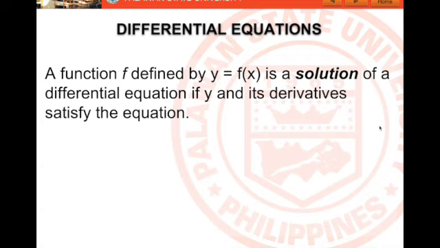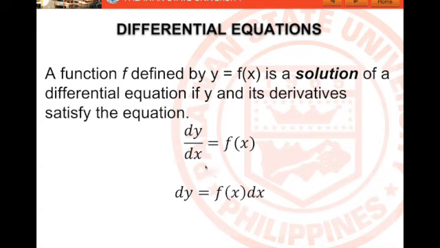So here we have again a simple differential equation. dy over dx would just be equal to f of x. What we need to do is transpose dx to the right side along with the function in terms of x, so that we can get the antiderivative of both sides.